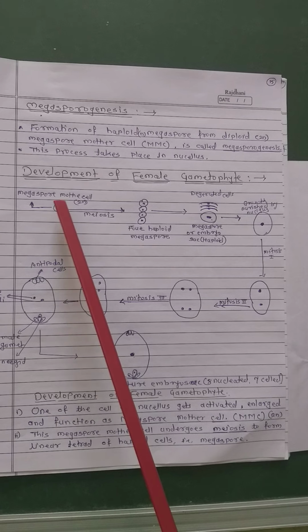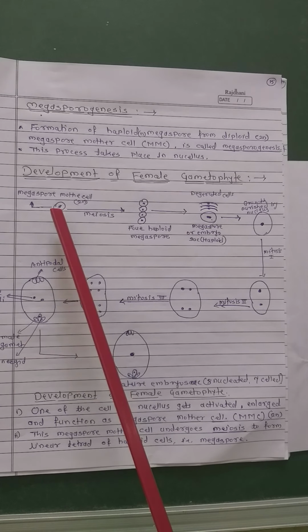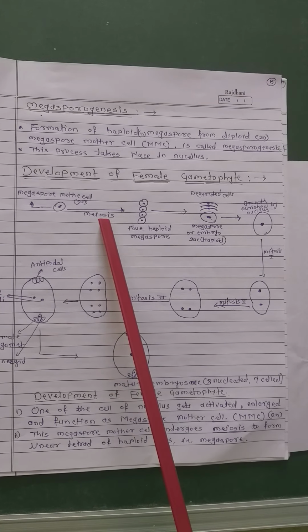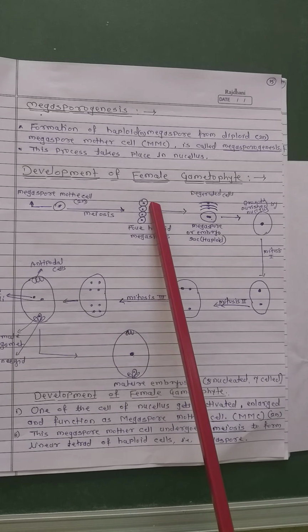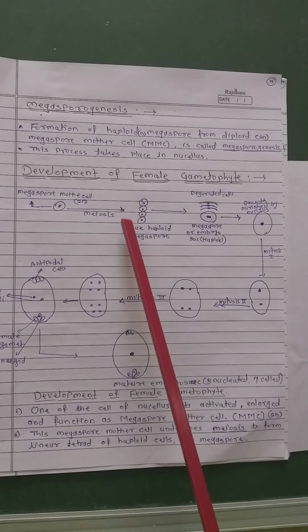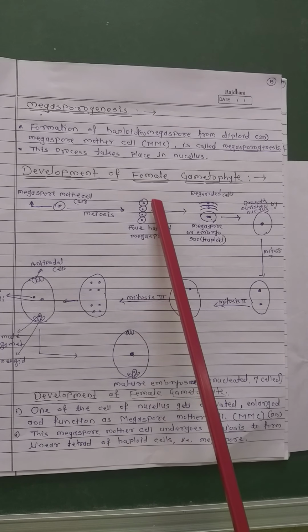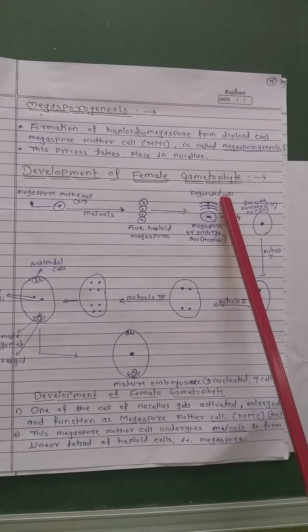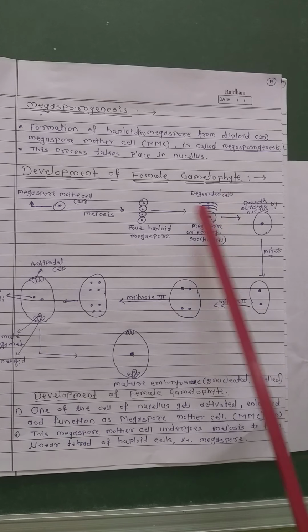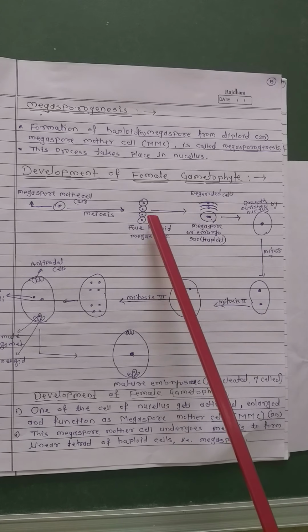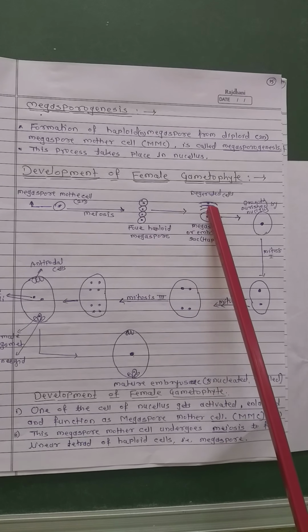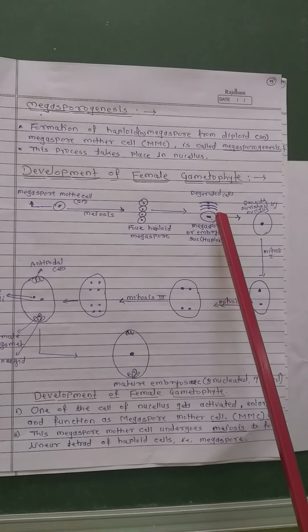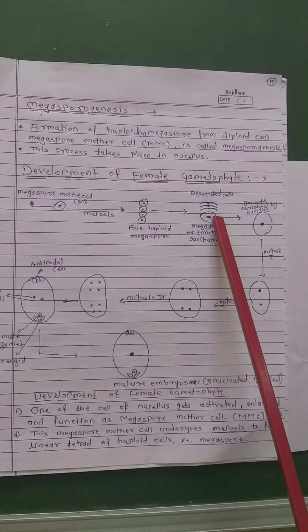One of the cells of the nucellus gets activated, enlarges and functions as the megaspore mother cell. This megaspore mother cell undergoes meiotic division to form four linear cells, known as a tetrad of haploid cells, also called megaspores. The upper three megaspore cells degenerate or abort, and the lower one, towards the micropylar end, gets activated and remains functional.